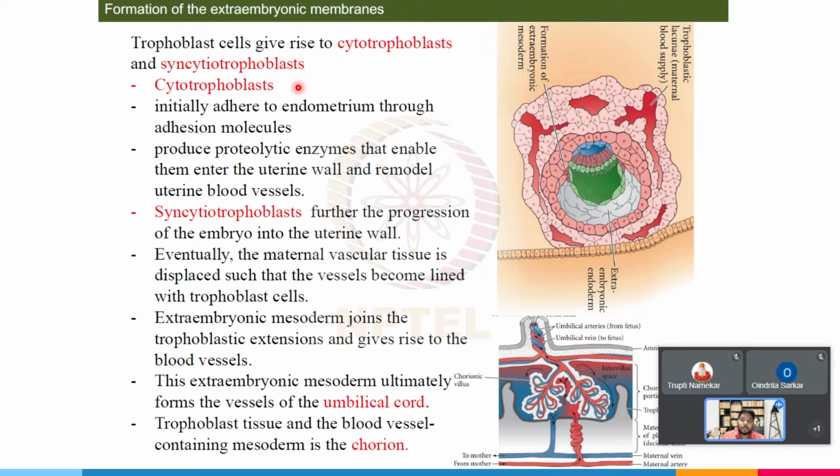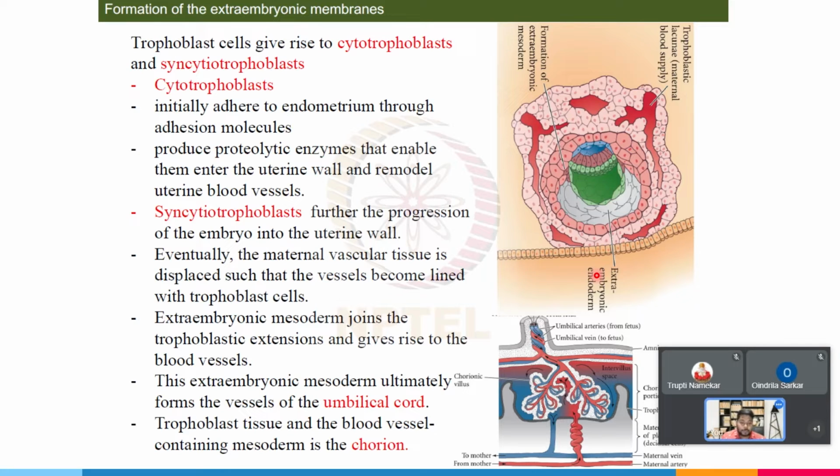The cytotrophoblasts are responsible for the initial adherence of the embryo to the mother's endometrium layer. Next, the syncytiotrophoblasts help in further burrowing of the embryo into the mother's uterine wall, dissolve the endometrium wall, and lay the foundation for formation of further blood vessels.